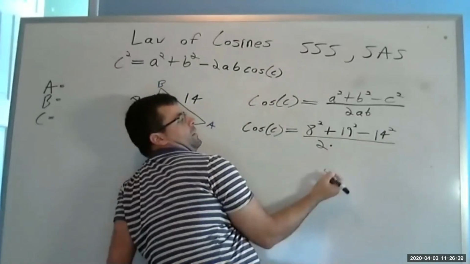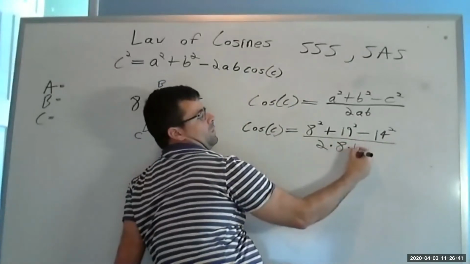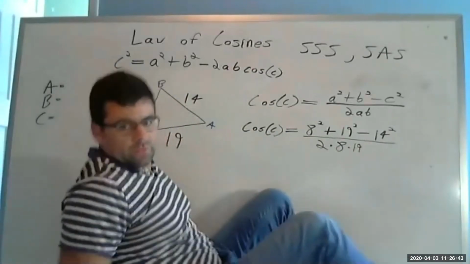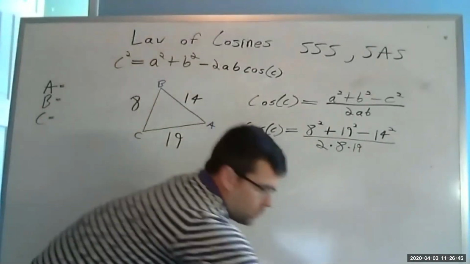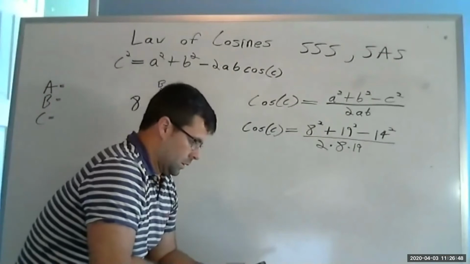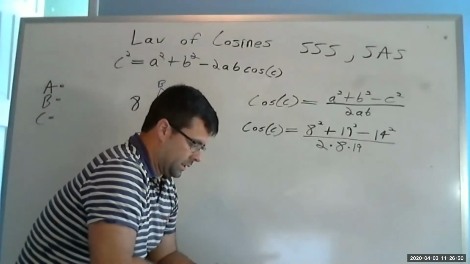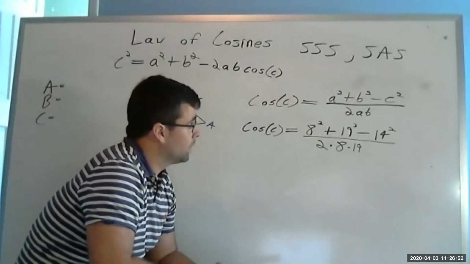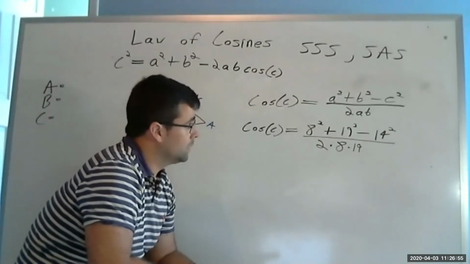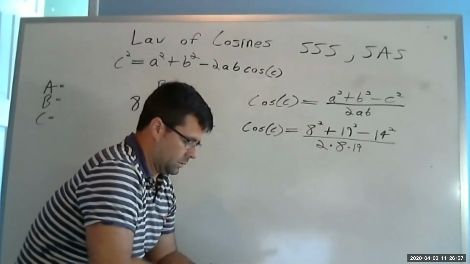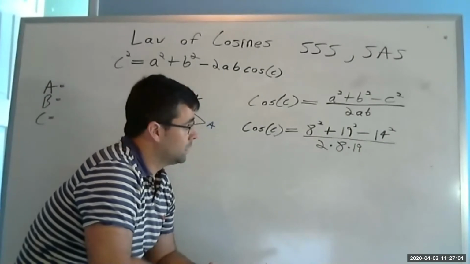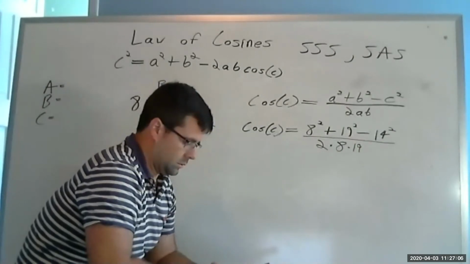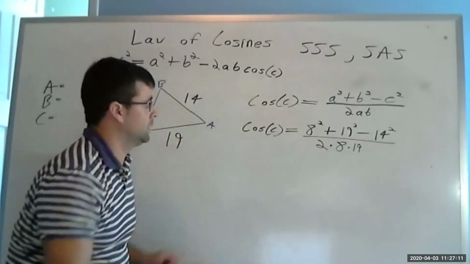What is 2ab? 2 times 8 times 19. All right, very good. So throw it in our handy dandy calculator. We get 19 squared minus 14 squared. 229 divided by 304.